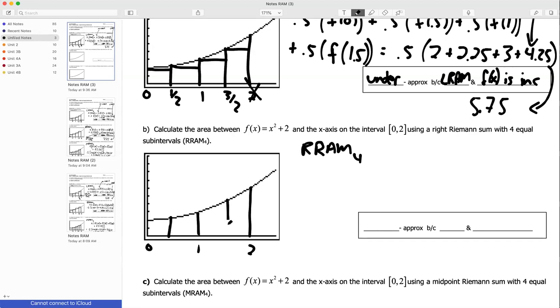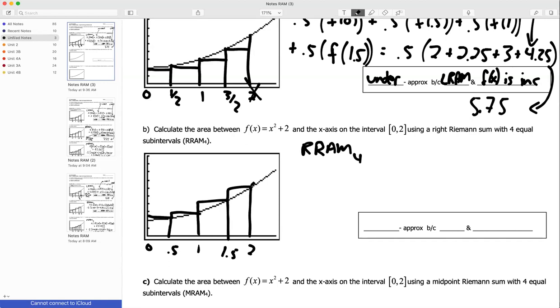We need 4 rectangles, so we have 0.5 and 1.5. And this time, it's a right Riemann sum. So it will be an over approximation, because the right side of our rectangle is on the curve.